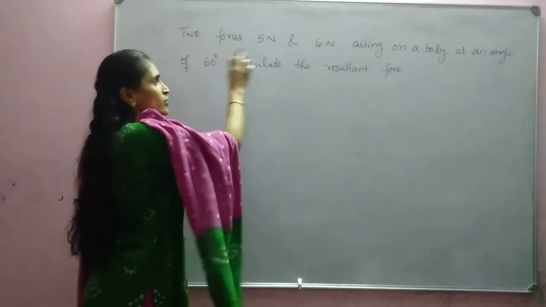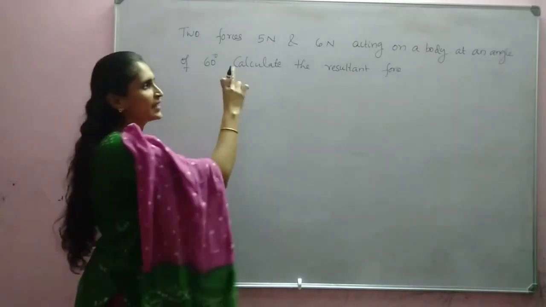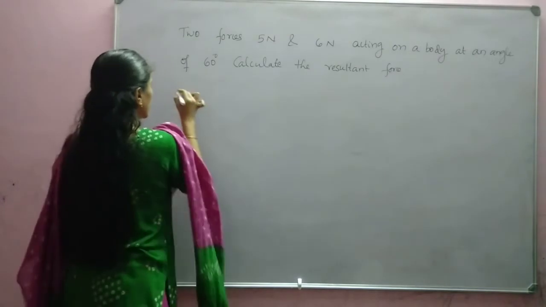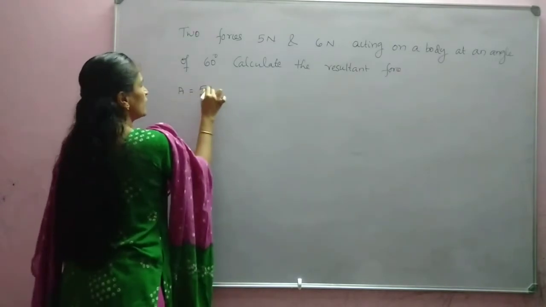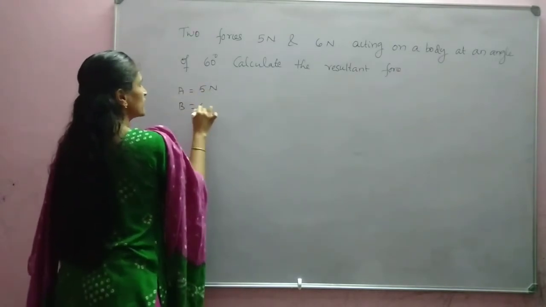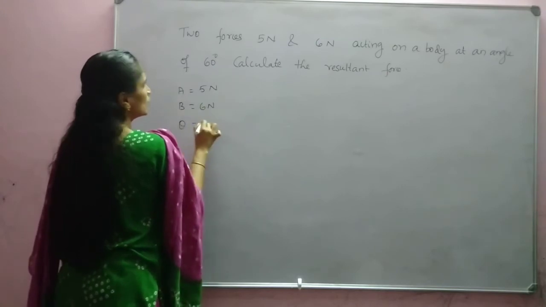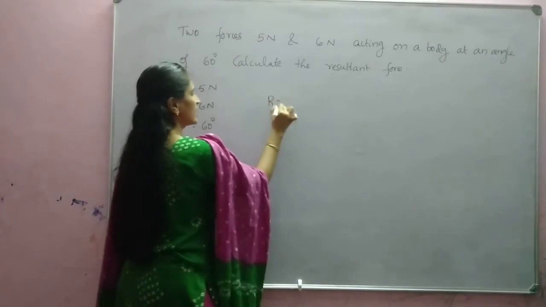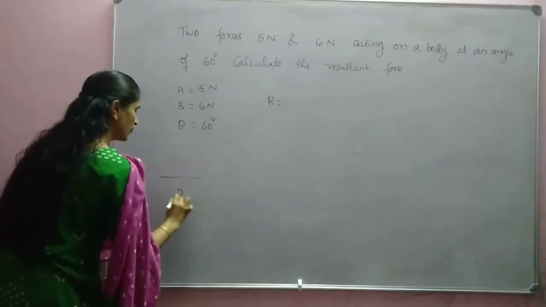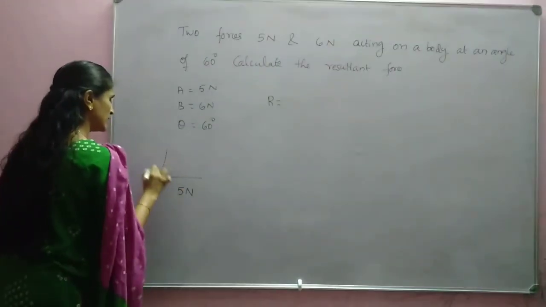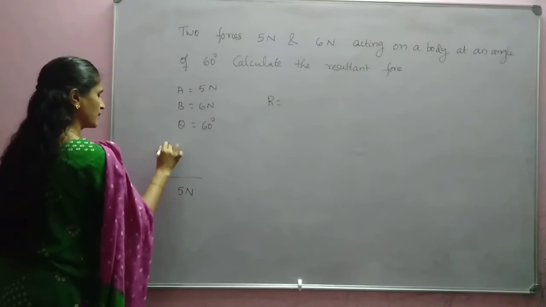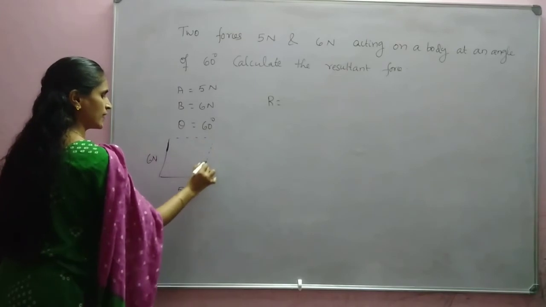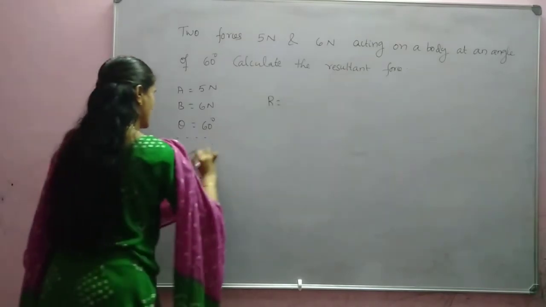Here both vectors' magnitudes are given, and it is already mentioned what the angle between them is. Very easily we can find. We can write A is equal to 5 Newton, B is equal to 6 Newton, and theta is equal to 60 degree. The resultant will be the diagonal.